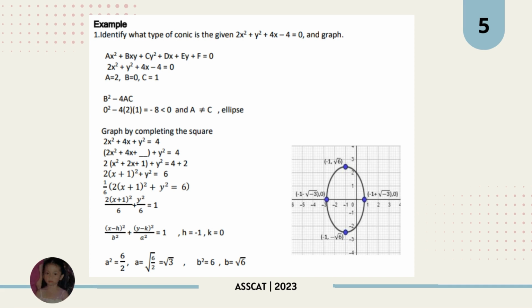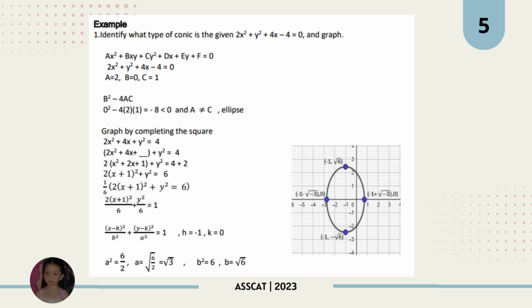Using the equation ax squared plus bxy plus cy squared plus dx plus ey plus f is equal to 0, we identify what a, b, and c are. So a is equal to 2, b is equal to 0, and c is equal to 1.